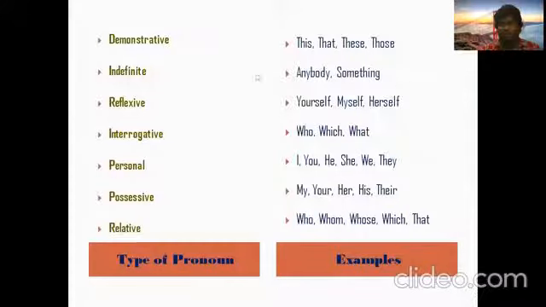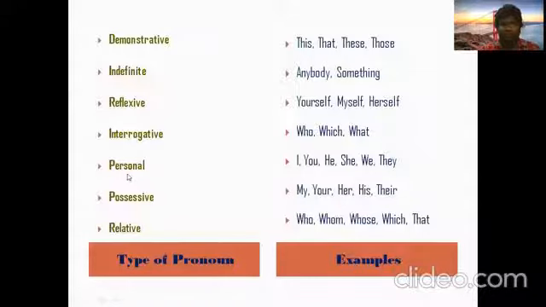These are the words which fall under indefinite pronouns. Reflexive pronouns take yourself, myself, herself, himself, themselves. These are the words which come under reflexive pronouns. And interrogative pronouns: who, which, what. These are the words which come under interrogative pronouns.